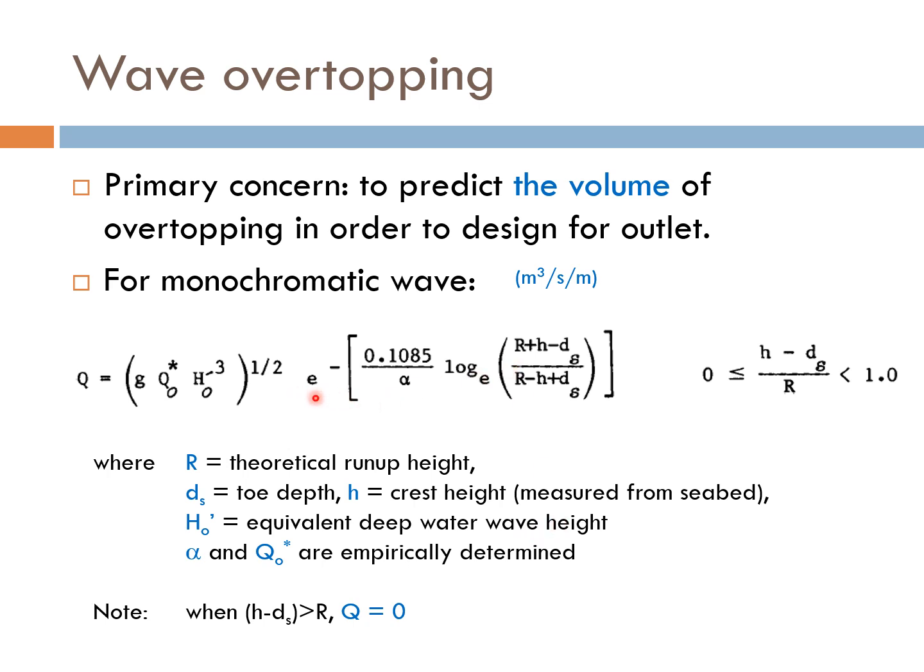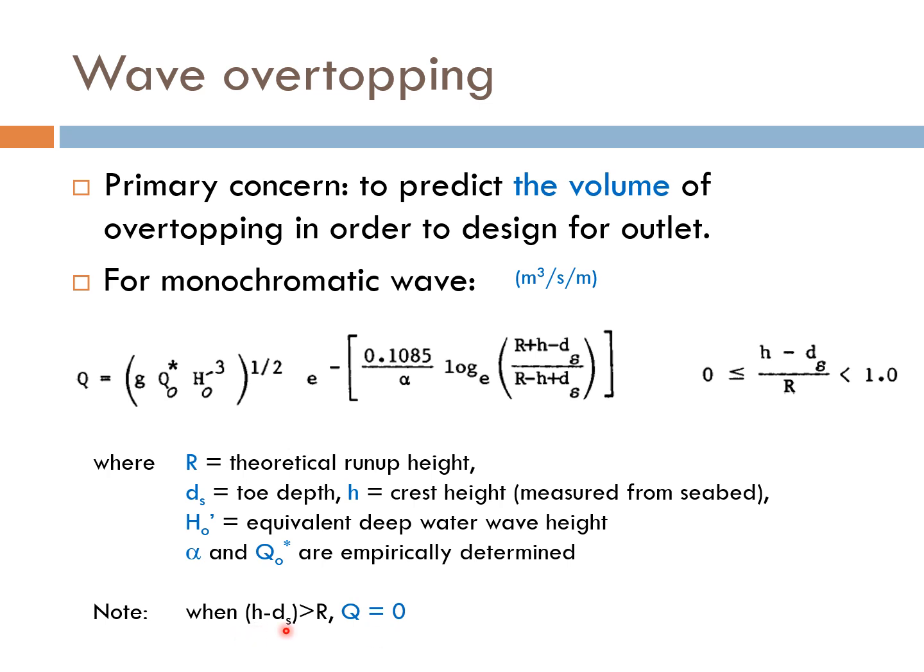Over here we have an exponent with a negative sign and the square bracket. Inside here we have R again, H again, and ds again. Take note that in this formulation, when H minus ds is larger than R, then the overtopping volume will be equal to 0.